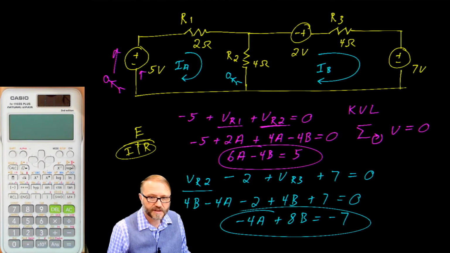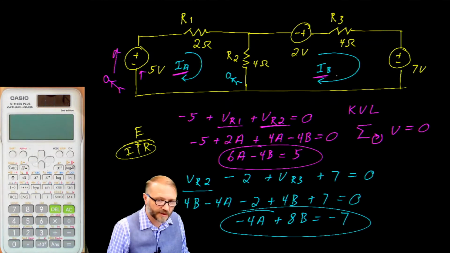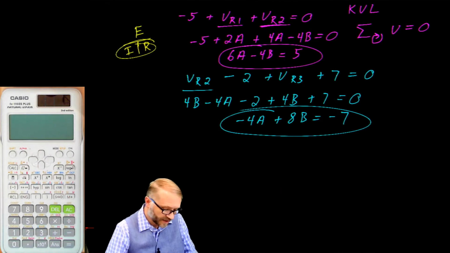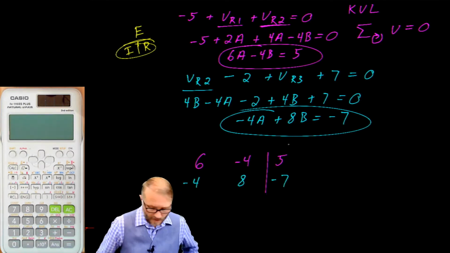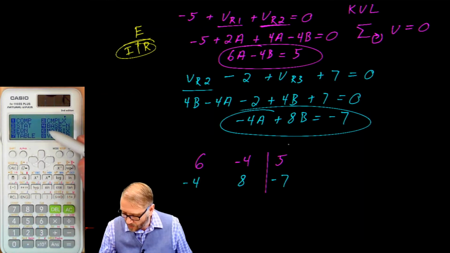At this point, you'll see you have two equations with two unknowns, the unknowns being what is current A and what is current B. We can use our calculator to solve this. Here's what you would do. First, you would put the numbers into matrix form. Once that's done, you can go to your calculator, turn it on, go to mode, and you want equation, which is 5.